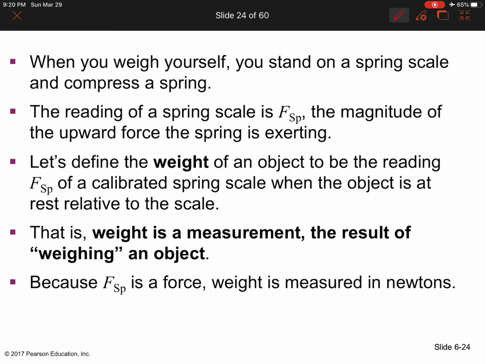All right, so this is saying when you weigh yourself, you stand on a spring scale and compress a spring, and that the reading of the spring scale is the force of the spring. It's basically the magnitude of the upward force that the spring is exerting. And weight of an object is the reading of whatever that force of spring scale is.